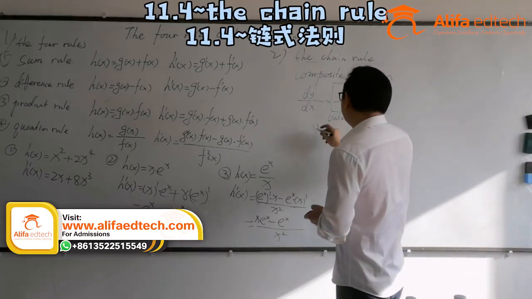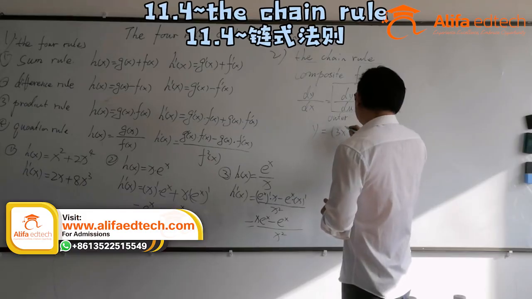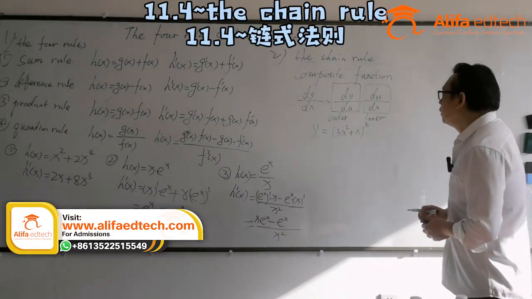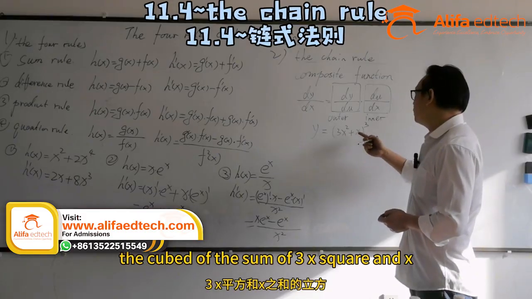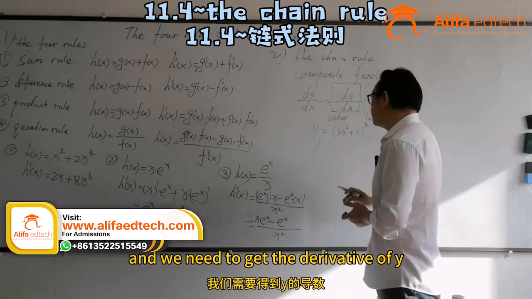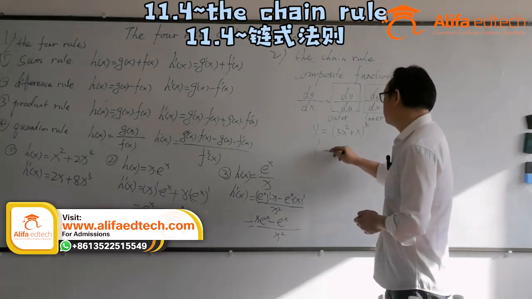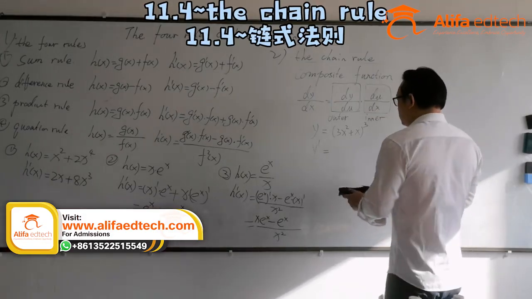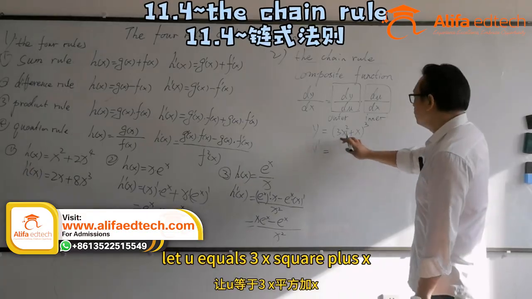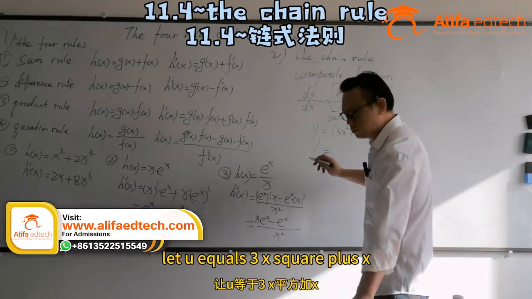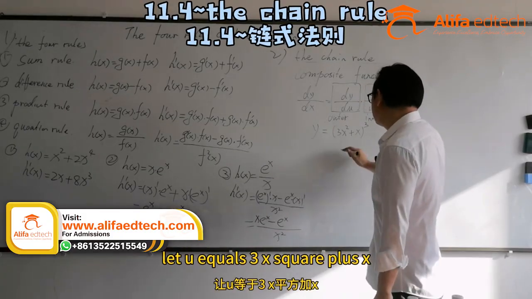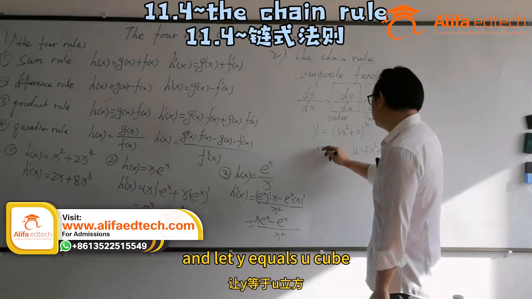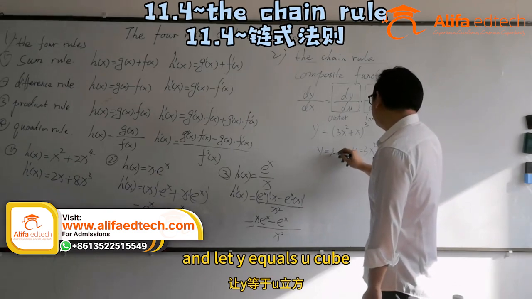For example, if y equals the cube of the sum of 3x squared and x, and we need to get the derivative of y, we need to let mu equal 3x squared plus x, and let y equal mu cubed.